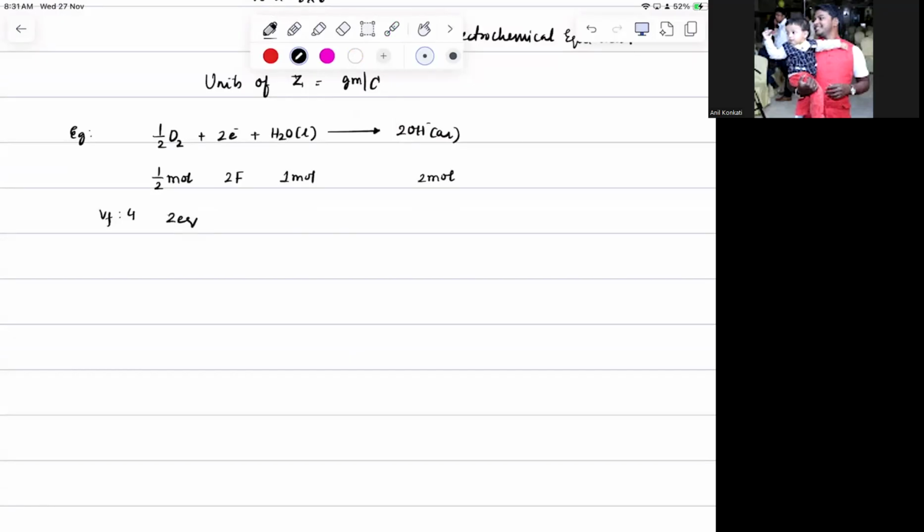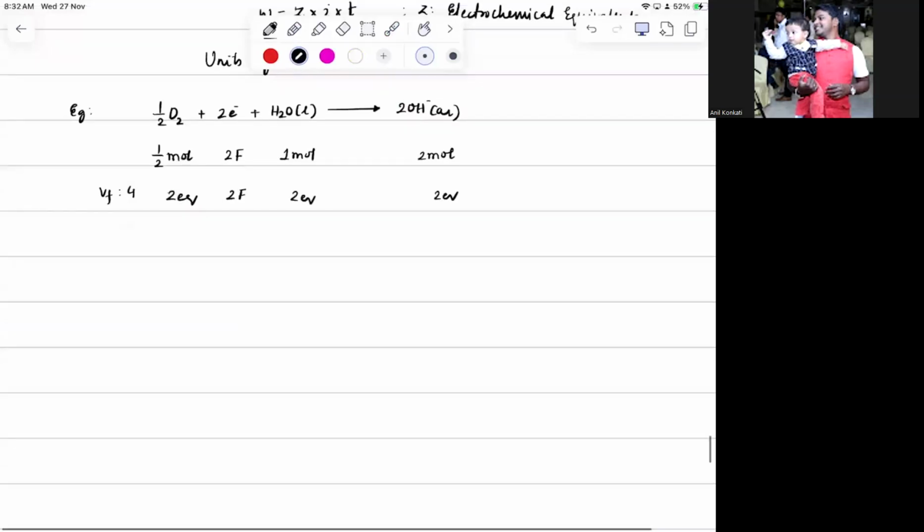Equivalence wise it is 2, and this is 2 Faraday here, and you will notice that H2O number of equivalents, if you compare here, it is same one molecule here, one mole here, and suppose if at all you multiply everything with 2 here, so what do I get here? So I'll get this as 2 equivalents, 2 Faraday, and here also I'll get it as 2 equivalents.